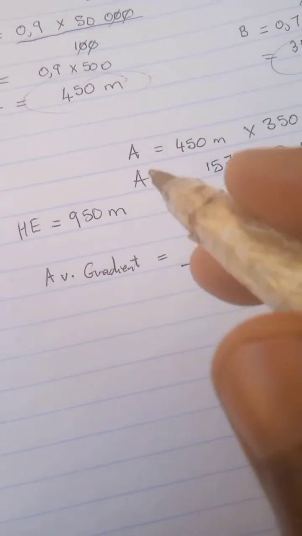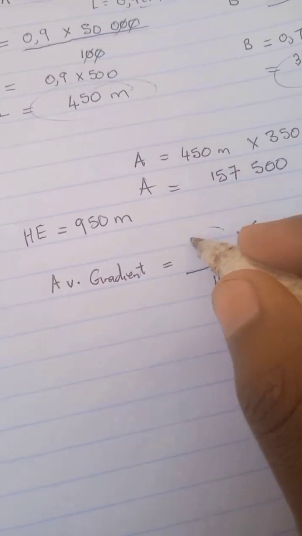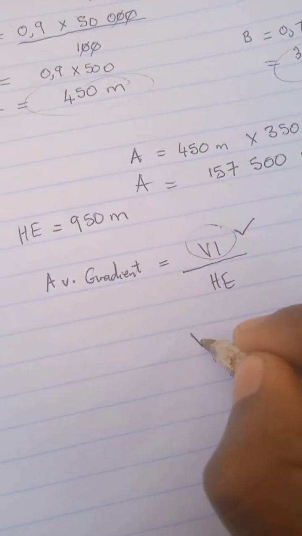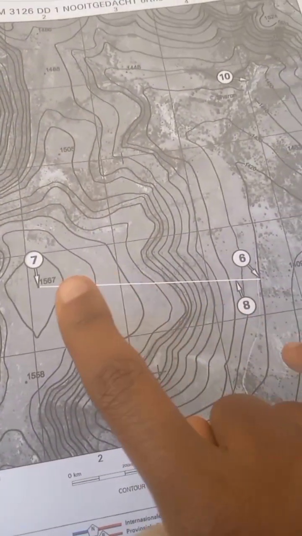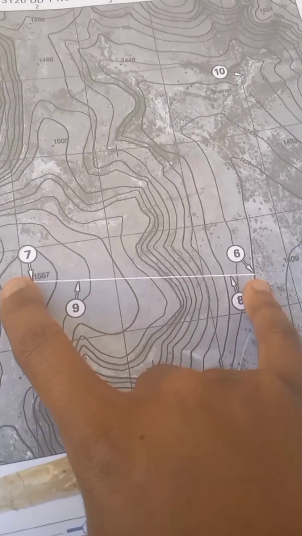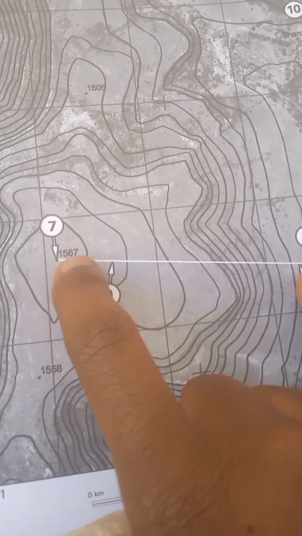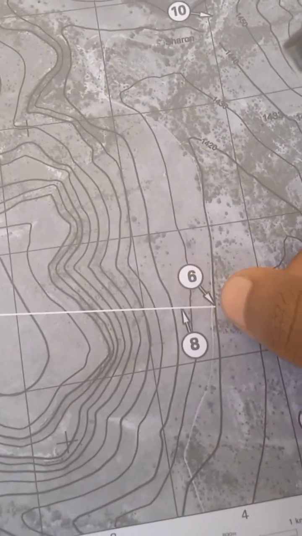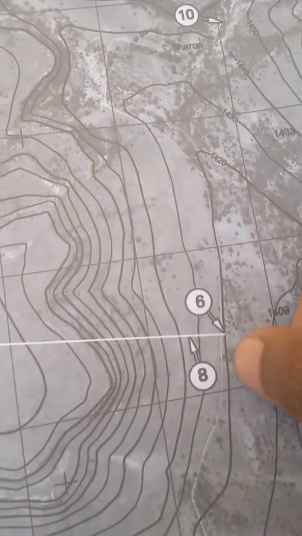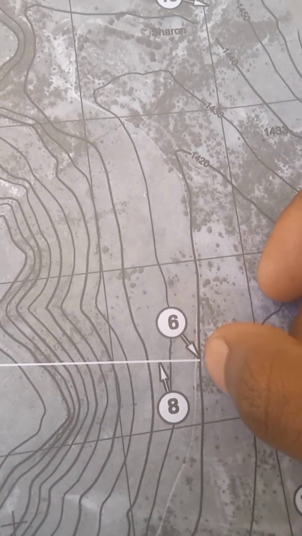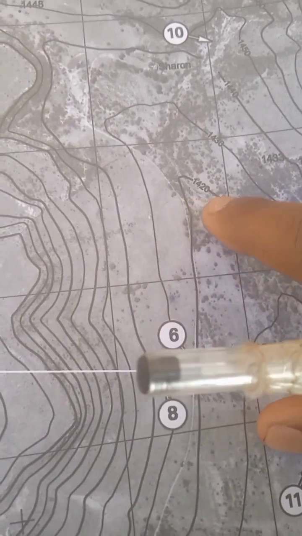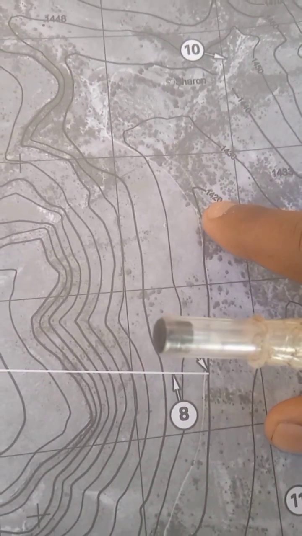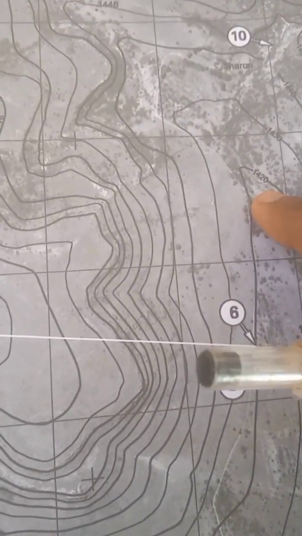Now, what's our goal? Our goal is to calculate the vertical interval, which is the difference from 6 to 7. Six points to this contour line here, which is 1,420, and 7 is 1,567.